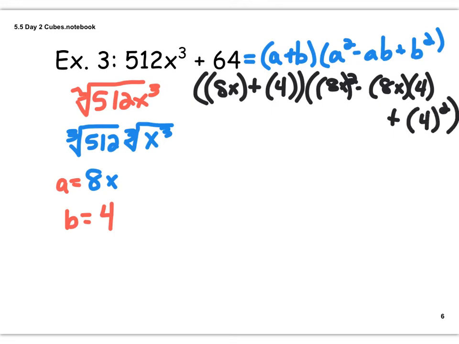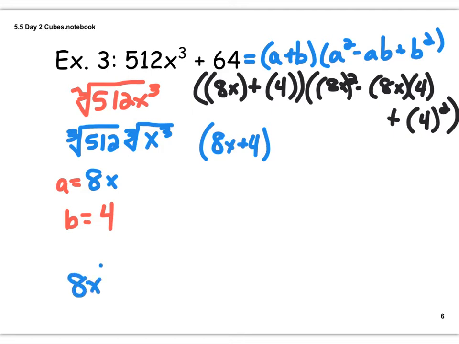All of that is inside of a set of parentheses. And let's fix this little 8 right here if I can. There we go. Now, this first piece of the factor, I don't really need to change. So I'm just going to call that 8x plus 4. Okay.